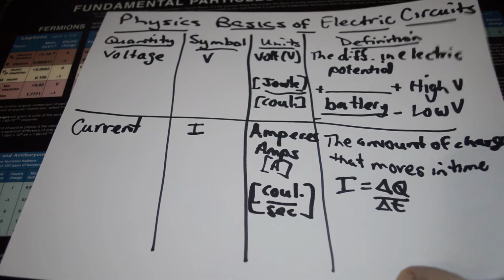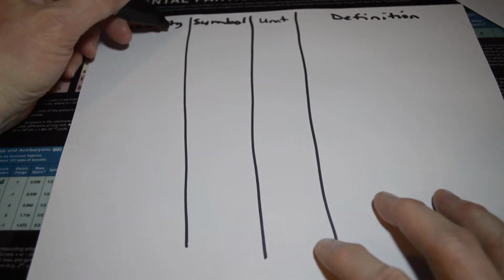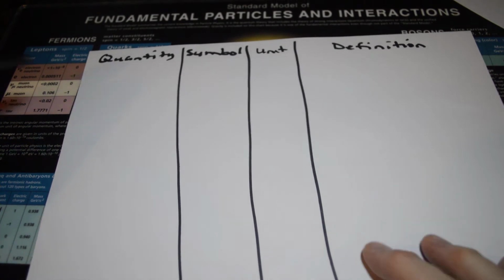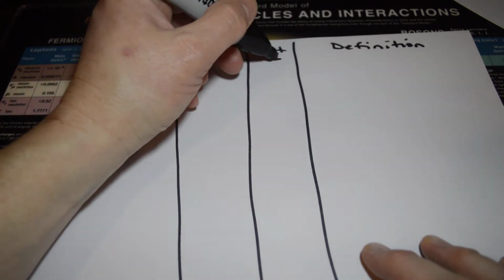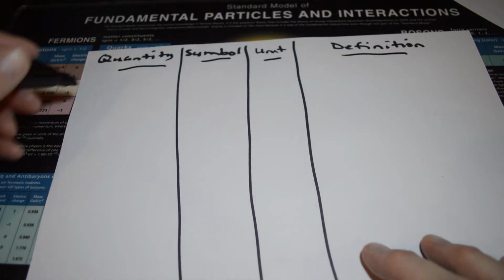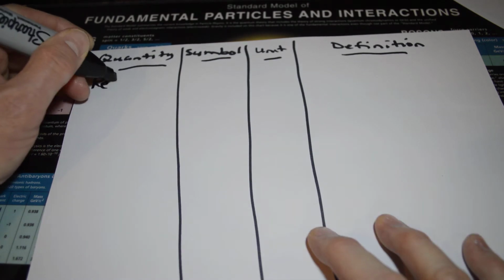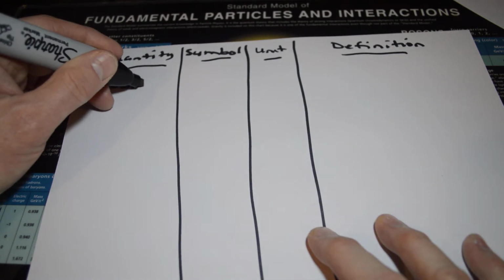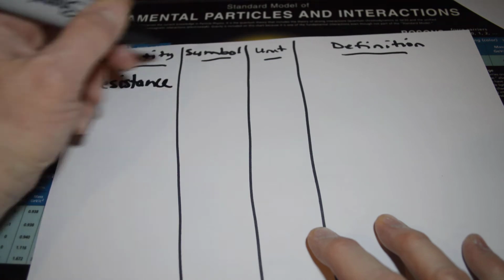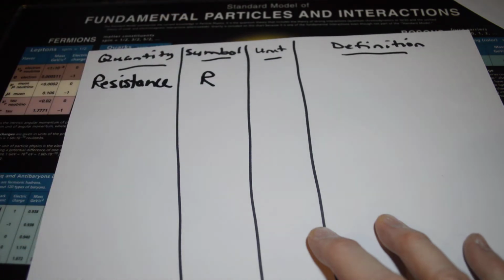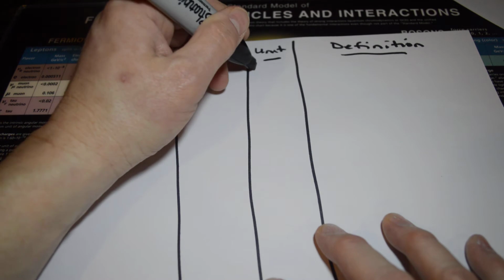We'll go on from that and define a couple more things. The next thing I want to define is the term resistance. Certain materials have what we call a resistance. We're going to use R as the letter for that.